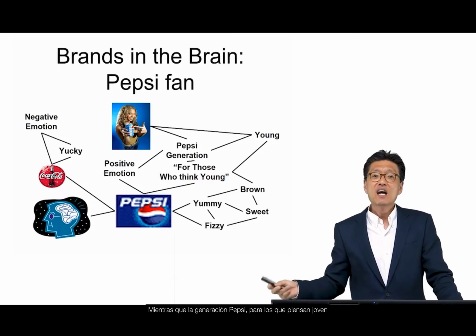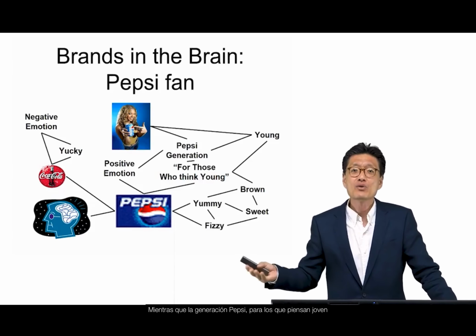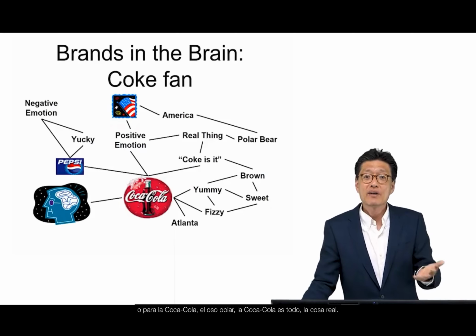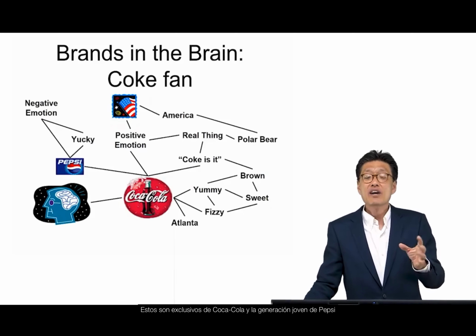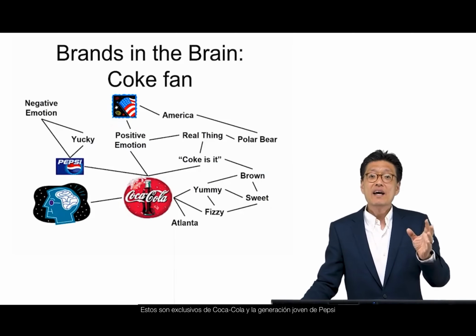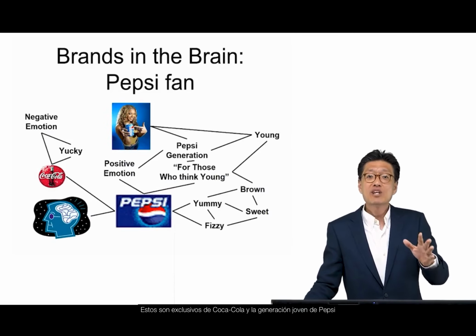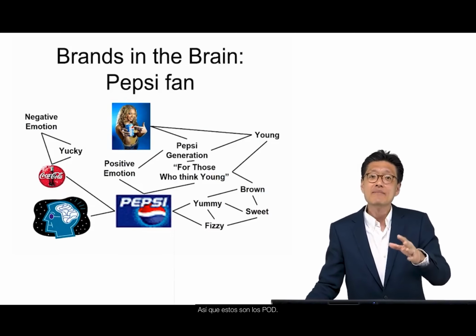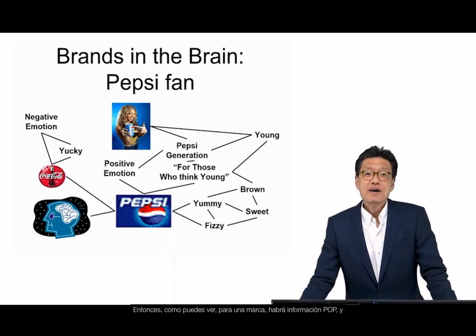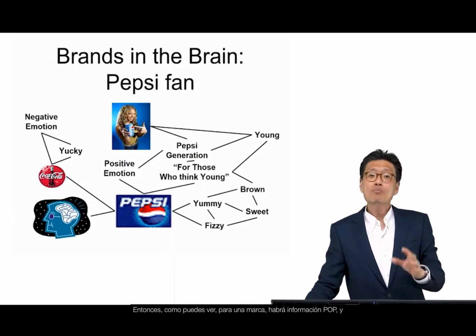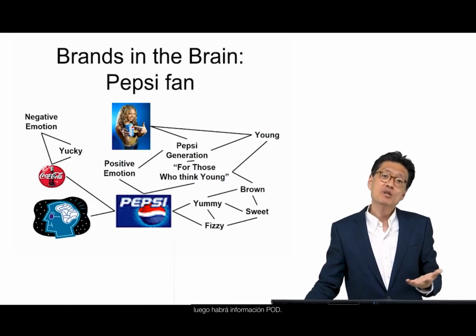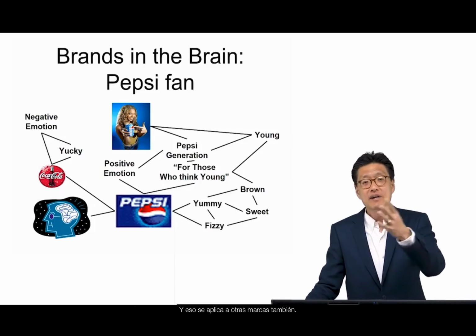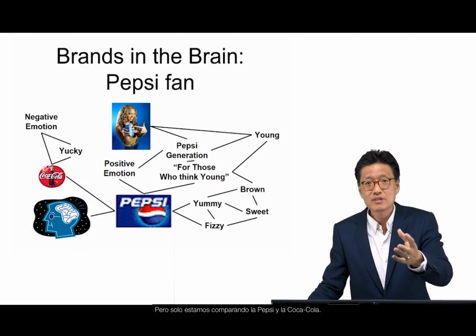Whereas the young, the Pepsi generation, for those who think young, or for Coke, the polar bear, Coke is it, the real thing, these are unique to Coke, and young, Pepsi generation are unique to Pepsi. So these are like the PODs, points of difference. As you can see, for a brand, there's going to be POP information, and then there's going to be POD information. That applies to other brands as well, but we're just comparing Pepsi and Coke.